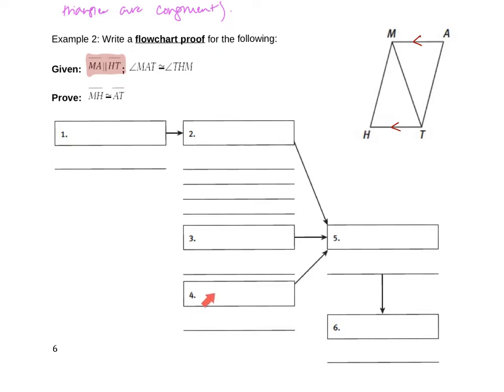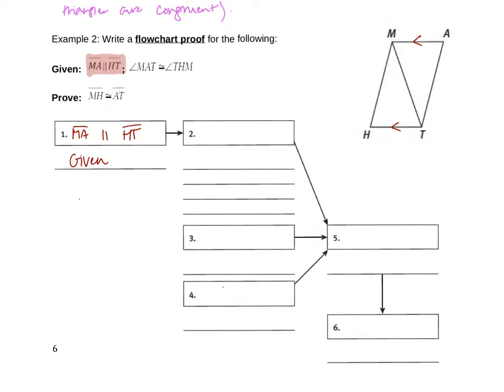So I know I can't put it into these spots right here. I know I have to put it into this spot right here because we have to get at least one more step to prove if it's an angle or a side. So I'm going to go ahead and write down MA is parallel to HT. And right below, I'm going to say that's our given information.